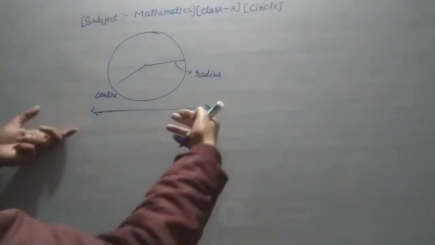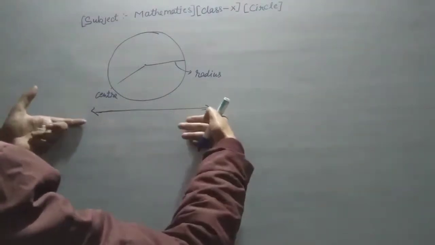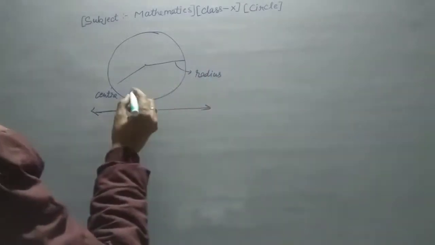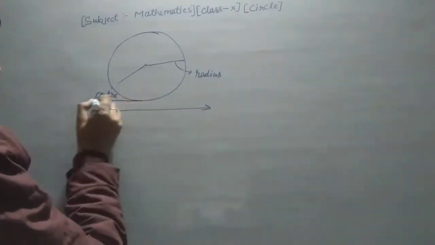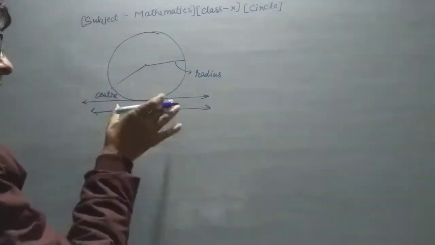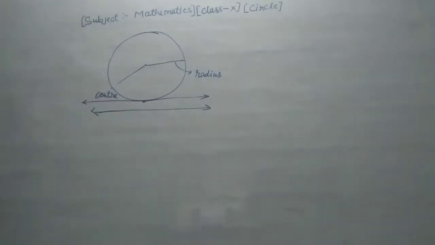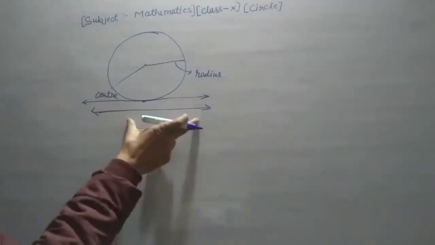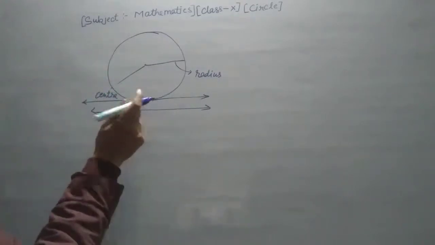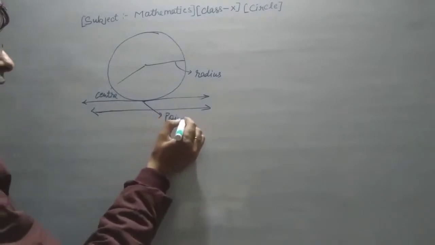Okay, when this line moves here just like that, at one time this line will also come here, so this is also a line, and this line touches this circle at this point. Okay, so this line moves and touches this circle at this point. This point is known as the point of contact.